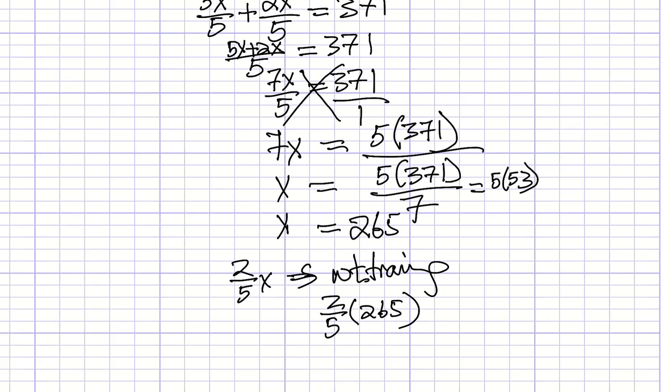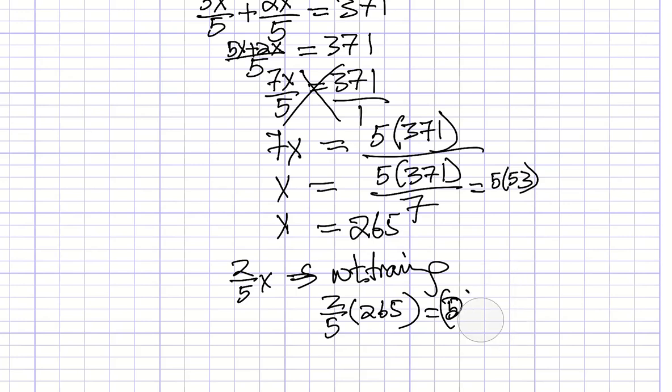2 over 5 of 265. When you check that out, it will be, let me see, I'm sorry, it will be 2 times 53. If you divide 265 by 5, you get 53, sorry.